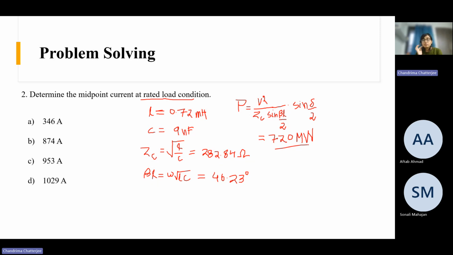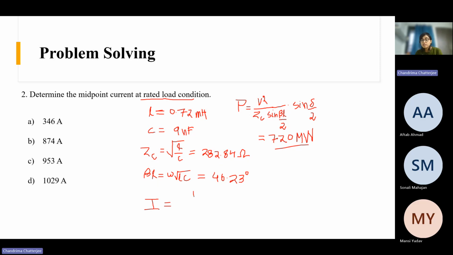Now that we have found the power flow, from there we can find the current. The RMS current is equal to, this is a three-phase system obviously, so we will have to use the formula P divided by root 3 times VLL, that is V line to line RMS.